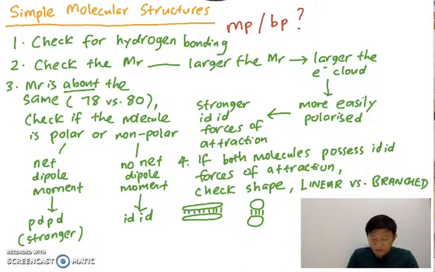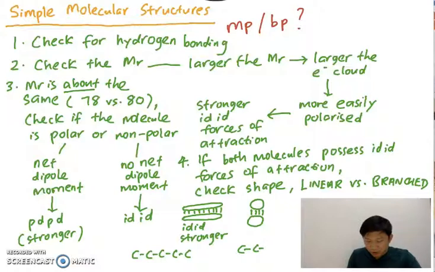So of course, ID here is stronger. Understand? Very quickly, let me squeeze it over here to illustrate the meaning of a linear molecule. For example, this organic compound is considered a linear molecule, 1, 2, 3, 4, 5, and this is a branch kind of molecule. So the linear molecule has a high melting point.